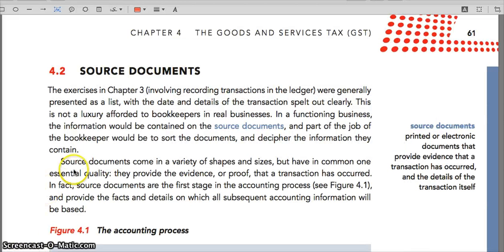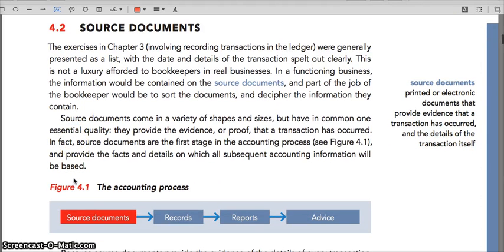Now, I don't want to get too bogged down in source documents. We all know what source documents are, and in the real world, we're not going to be getting lists of transactions. We might even just get a box that's full of source documents that we need to work out.